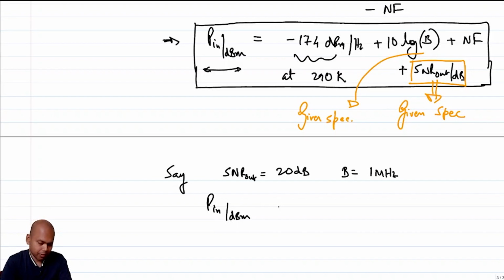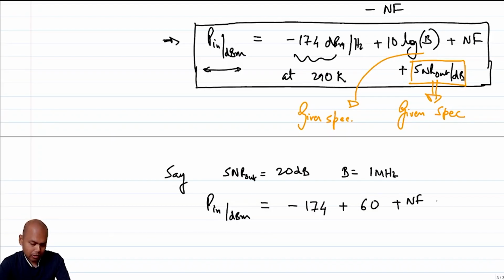So this is the minimum P in that I will require: minus 174 plus 10 log of B, which is 10 to the power 6, because B is in hertz. This effectively becomes plus 60, plus noise figure, plus SNR out, which is 20.